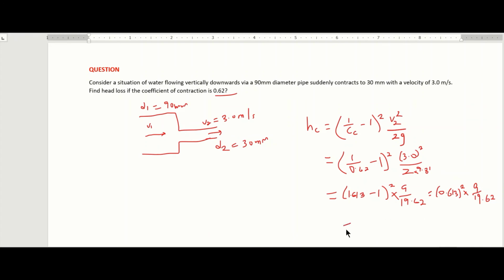Our answer should be approximately 0.17 meters. So this will be the head loss due to sudden contraction for this question.